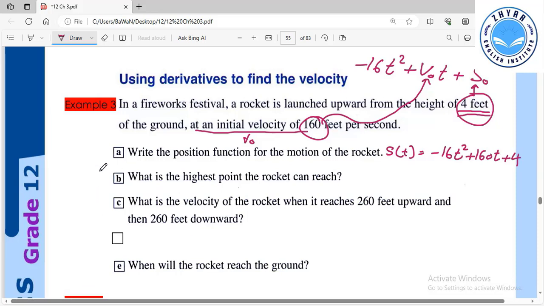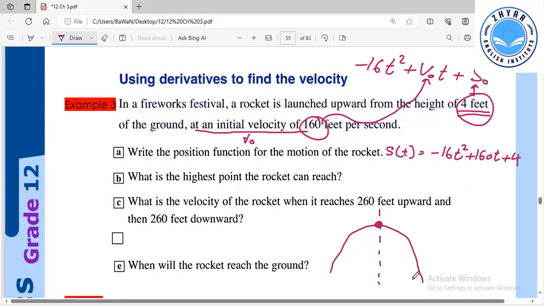Then part B, what is the highest point the rocket can reach? Well, this position function is a negative quadratic. Negative quadratic has a graph of an upside down parabola. Then this is the highest possible point where the rocket can reach, which is the axis.